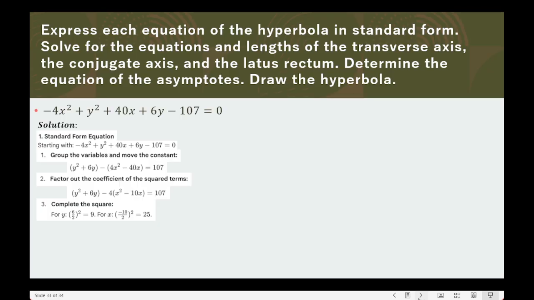Each one of them, you get their half and square the result. That result will serve as the third term, or their respective third terms. Then apply the addition property of equality. Whatever you did on the left, you also do on the right.